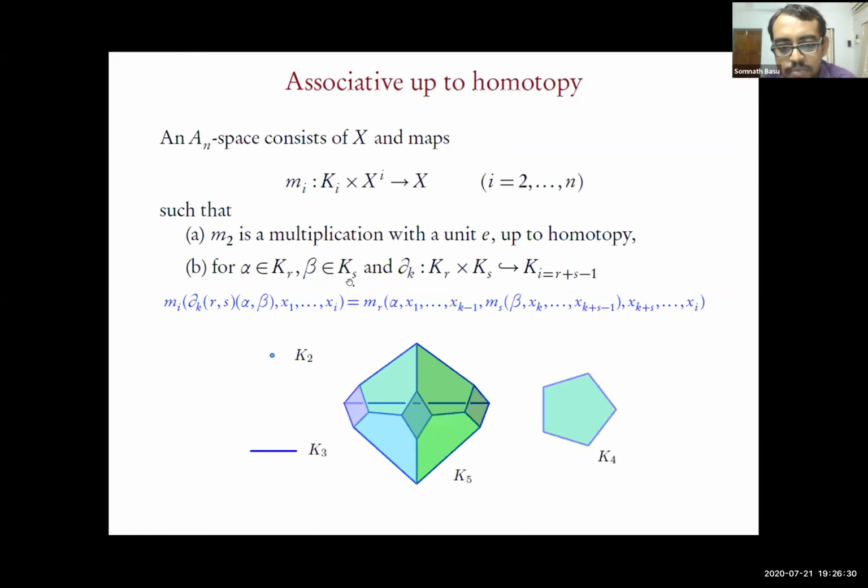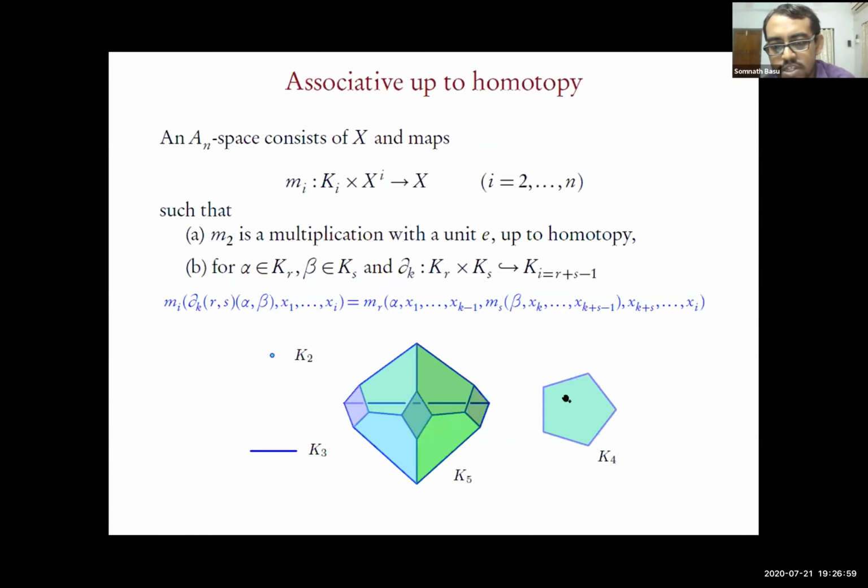So let me give you a picture instead. K2 is just a point and you get a map from X cross X to X. What is K3? Well, K3 is just the associator between A dot BC and AB dot C. What is K4? We already saw that picture. This is what K5 looks like. If you take K5, then you look at 5 plus 1, that is 6. And then the faces of K5 are going to be either K2 cross K4 or K3 cross K3. So what is a K2 cross K4?